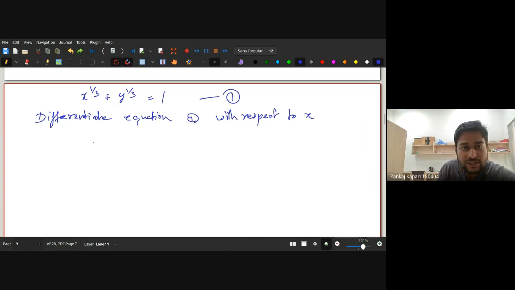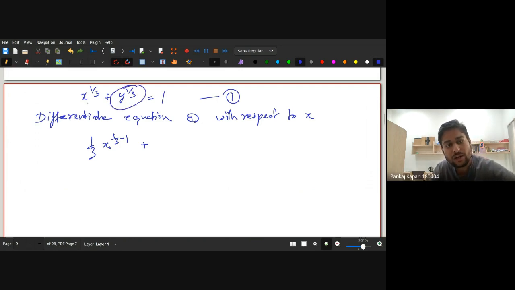So if you differentiate this equation, you will get one third times x to the power one third minus one, right? This is the rule of differentiation for differentiating the powers. Plus, now notice that this is like a composition of two functions.